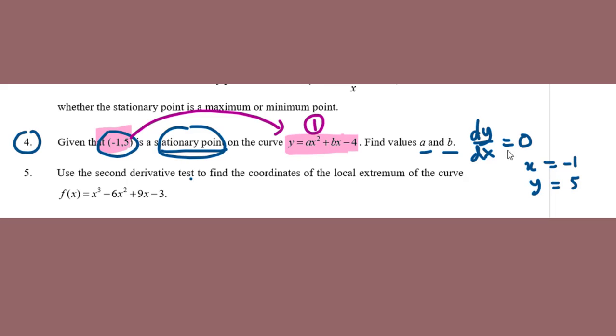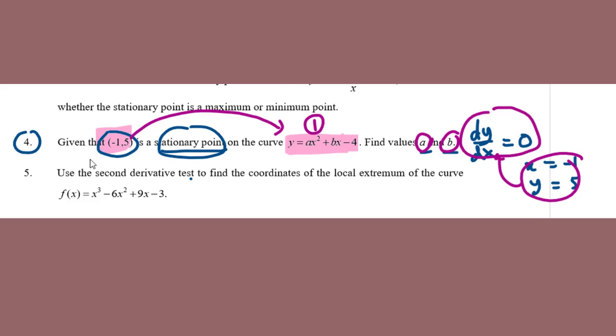And differentiate, dy/dx is equal to 0, and substitute this value to get another equation. So you get two equations and two unknowns a, b, and using simultaneous equations solve for a and b.